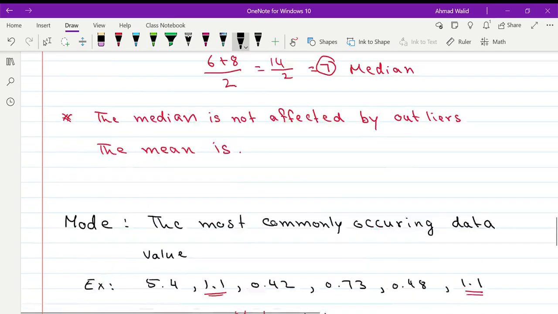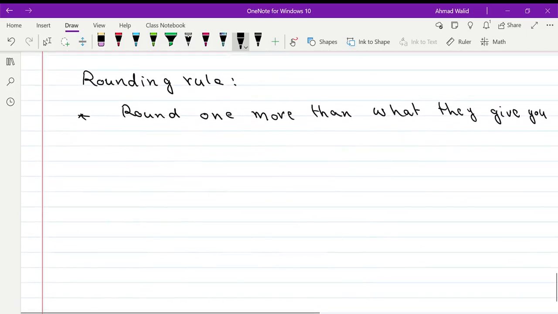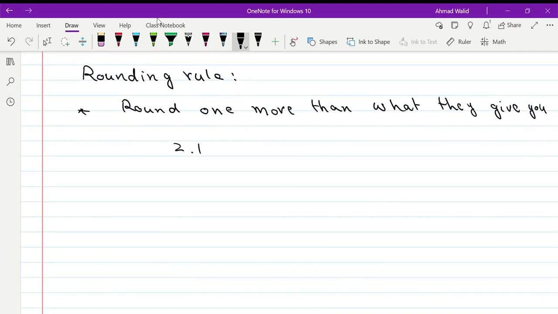To explain it well, if your data set is given like this, 2.1, 3.7, 5.8, for example, and I want to find the mean, let's say the mean is something like 4.123. I will round it to 2 places like this. 1 more than it's given. Here I have 1 decimal place. Here I have 2 decimal places. That's rule 1 of rounding.